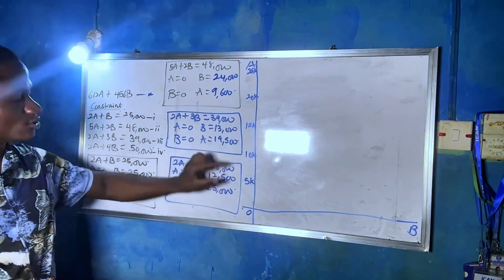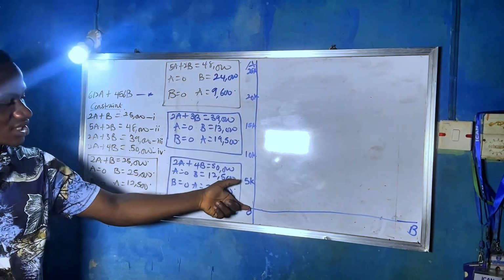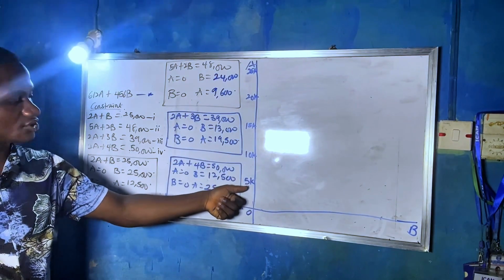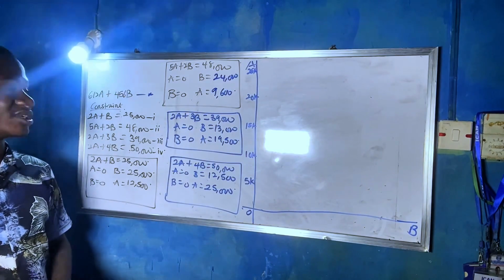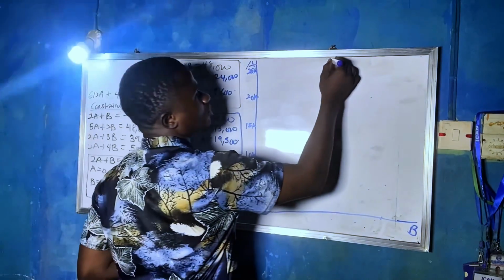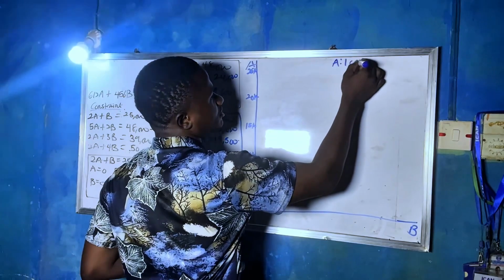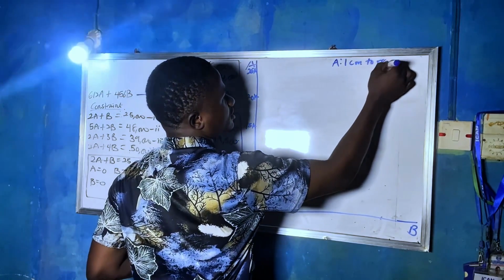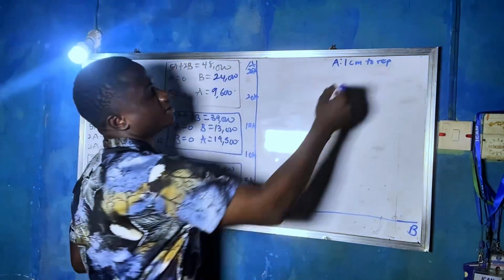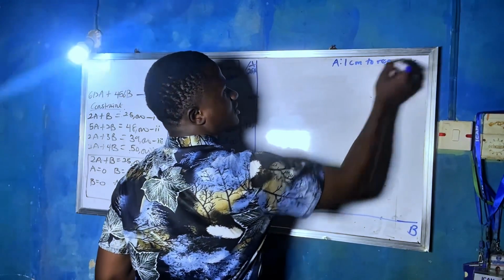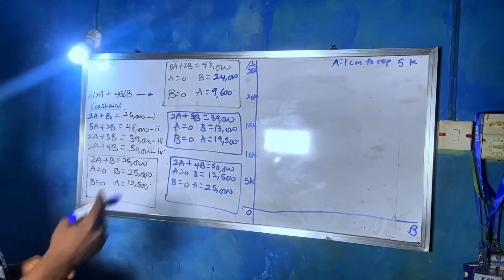I said it in my first class that from the first tick line to the second tick line is 1 centimeter. So 1 centimeter for A represents 5K. That is my scale.